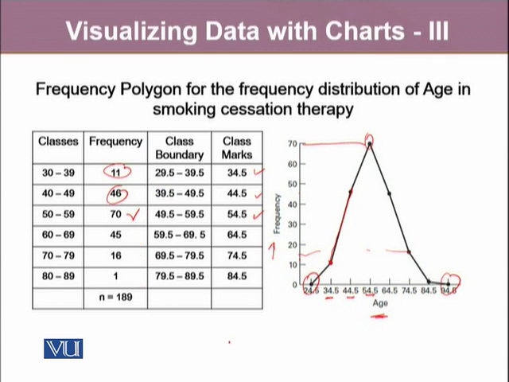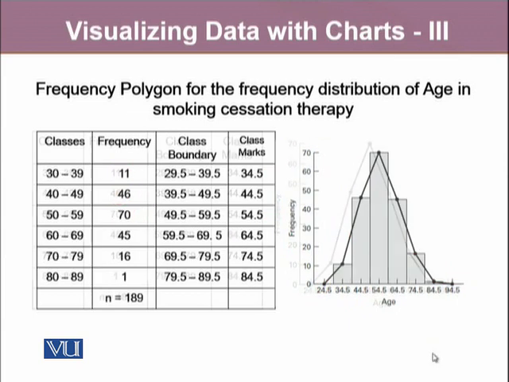But since we talked about the frequency polygon being a closed diagram, we extend our diagram all the way to the x-axis to make it a closed diagram. Moving further, we can overlay the frequency polygon onto the histogram by connecting all these dots at the middle of these bars. It also shows a similar picture right here.